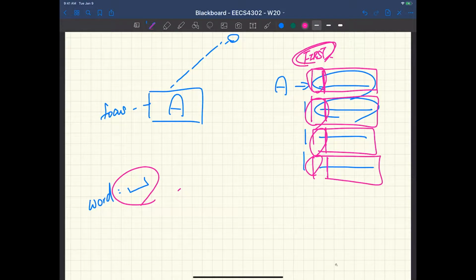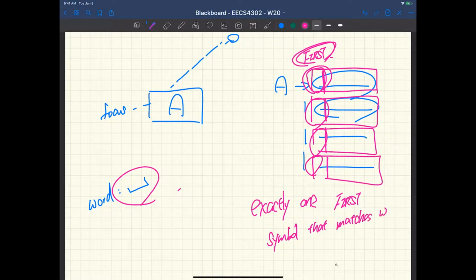So if you got exactly one first symbol that matches the word, and that's true for every production rule, that means your grammar is backtrack free. Okay? That's one thing.